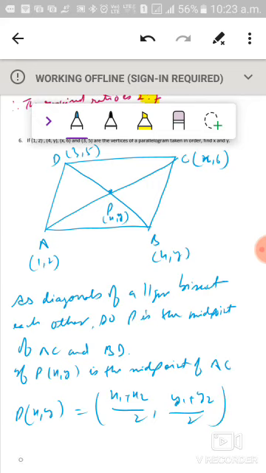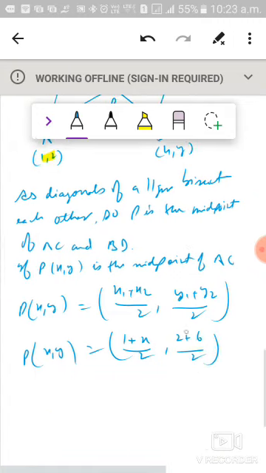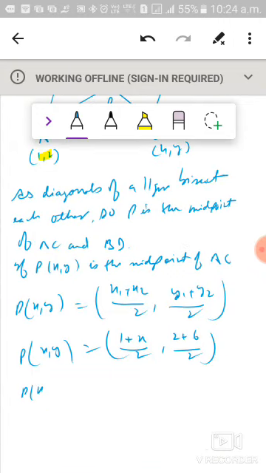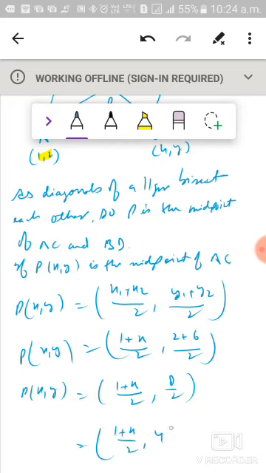So P x comma y is equal to, this is x1 y1, this is x2 y2, so 1 plus x by 2 comma y1 is 2 and y2 is 6 by 2. So P x comma y is 1 plus x by 2 and 8 by 2, that is 4. So this is 1 plus x by 2 comma 4.